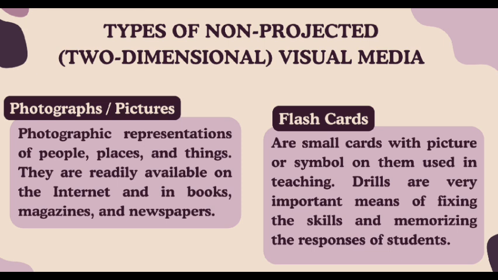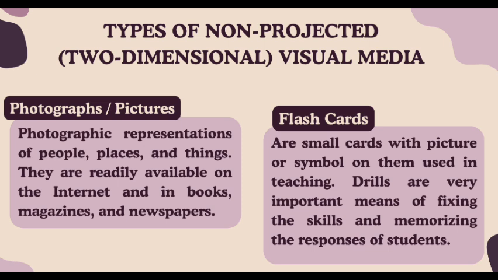These are some examples of the two-dimensional objects. The first one is the photographs or pictures. Pictures are photographic representations of people, places, and things. The photographs or the pictures could be on a piece of paper or it could also be in the electronic device.